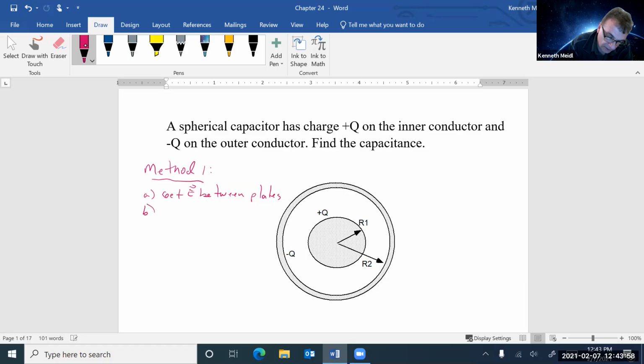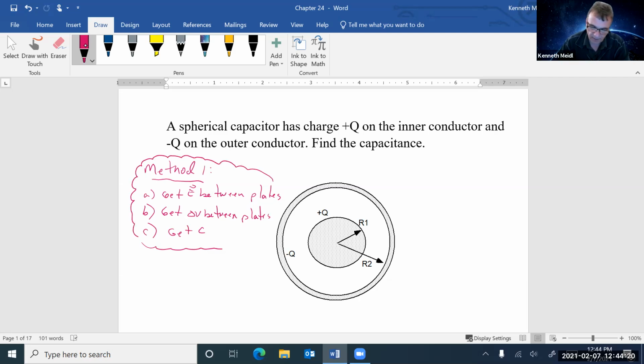And then I'm going to get the voltage difference between the plates, and then use that to get C. So that's what we just did for the parallel plate capacitor.